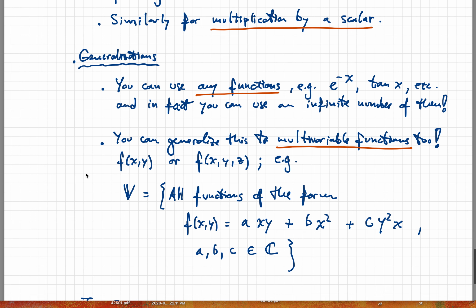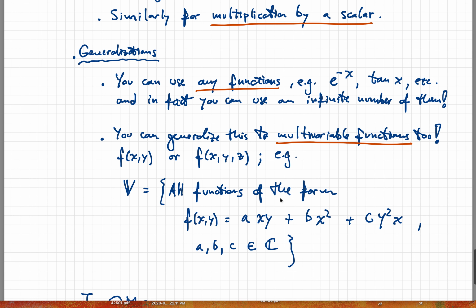And so you could consider your vector space to be all the functions of the form f of x, y equal to a times this multinomial, if you might call it that, x times y, plus b x squared plus c y squared x, where a, b, and c are complex numbers, for example. That's a valid definition of a vector space if you attach to it the set of scalars that could be real numbers or the complex numbers. So you could prove, and it's not hard to do, that this would give you a well-defined vector space.